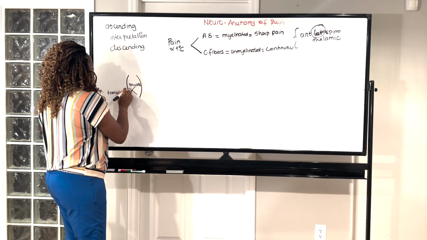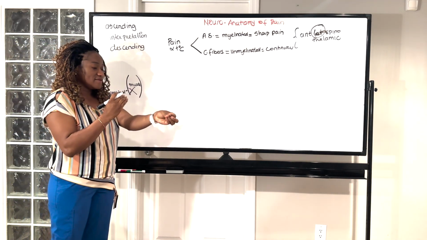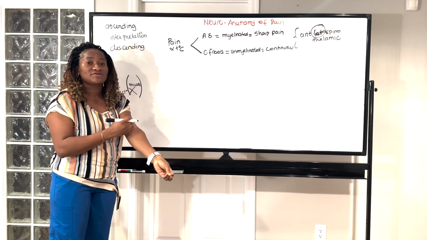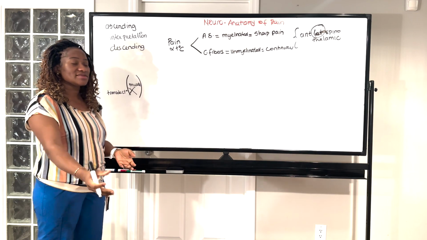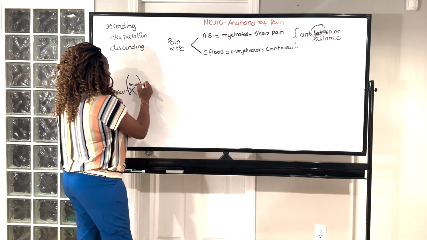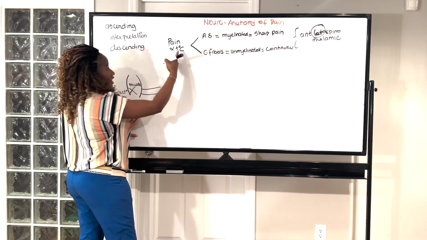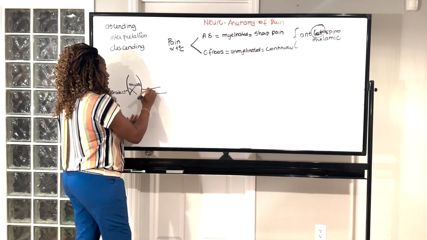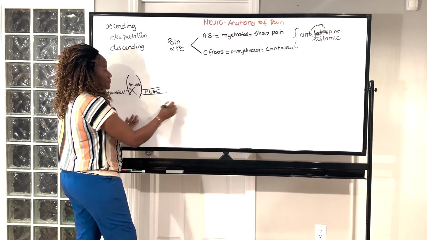Transduction is when the physical stimulus is converted into an action potential, into an electric current. Now, from this muscle, we're going to have our pain fibers, the A delta and the C fibers.